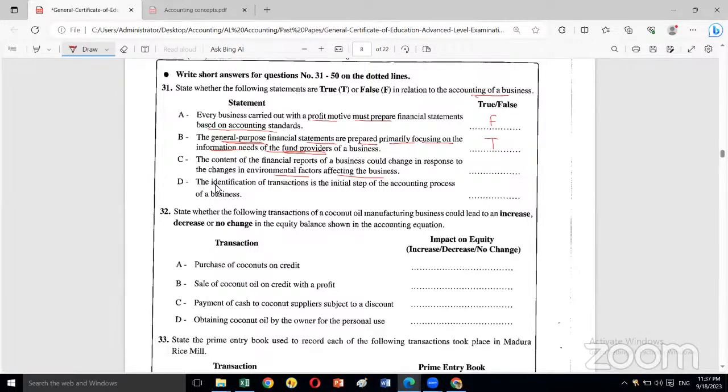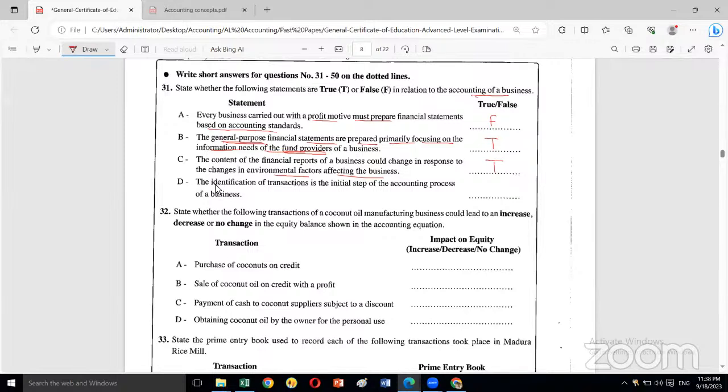If the technical and professional environment changes, like any accounting standard change, we have to make some changes in the financial reports. Also, changes in inflation sometimes affect the present value calculation. Yes, it is true.